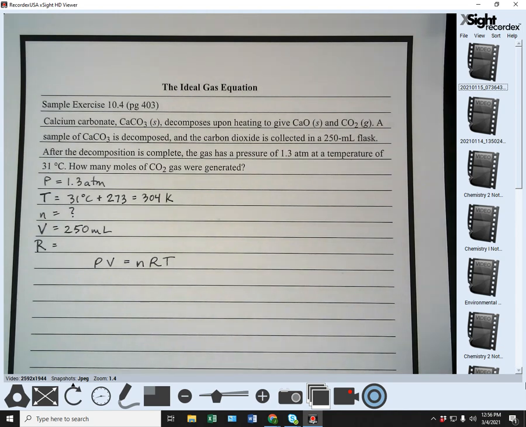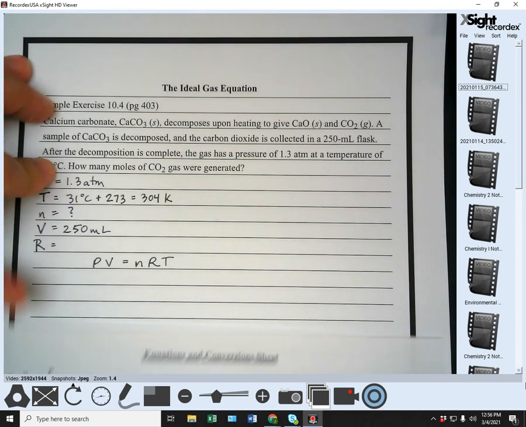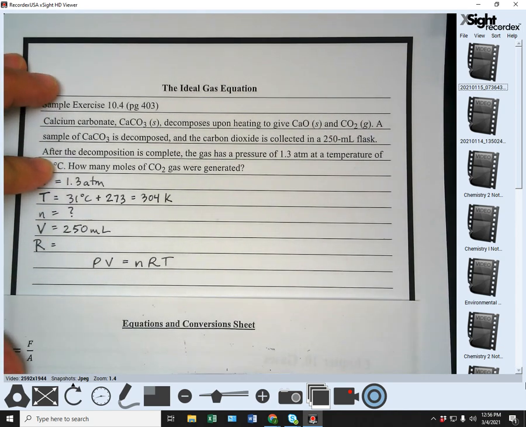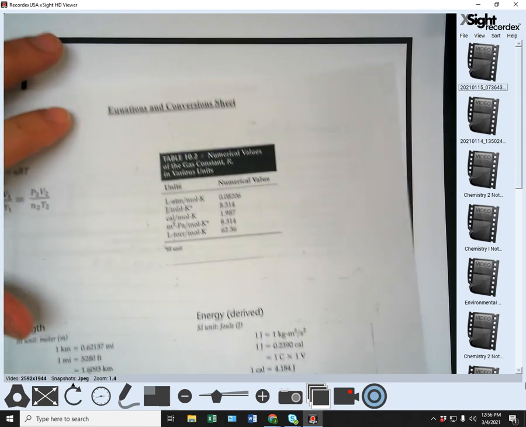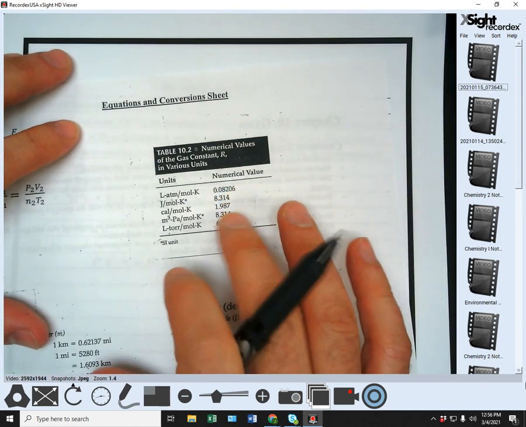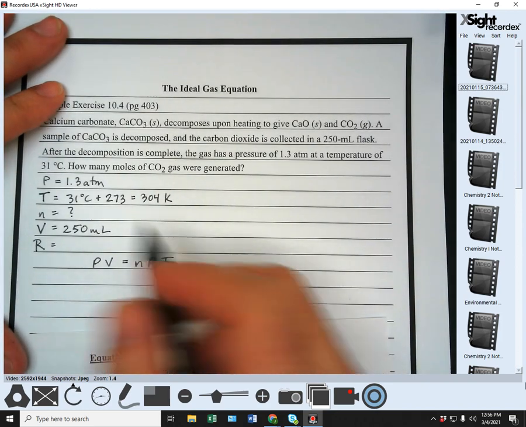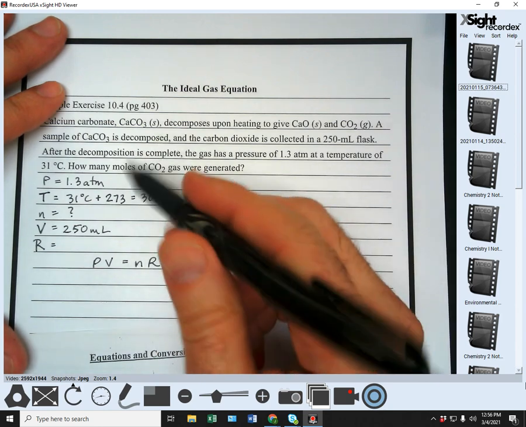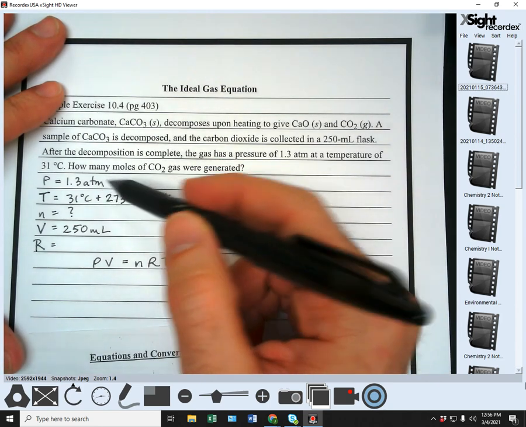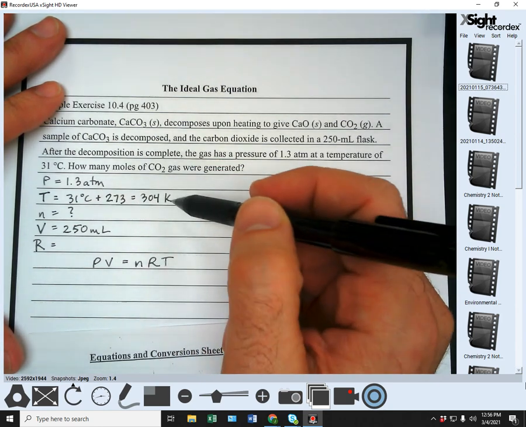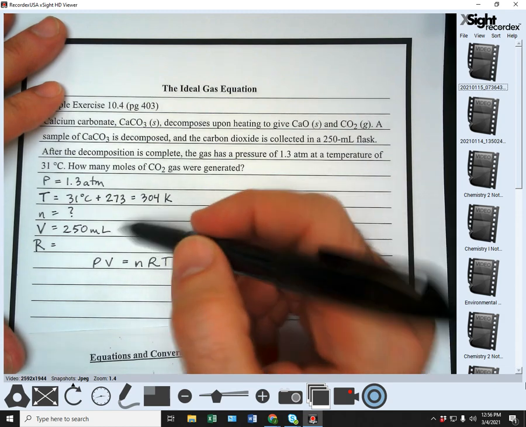What we have to do, the way that we choose the R constant we use, is we look at the labels that we have and choose the one that either doesn't need converting or needs the least amount of converting. So we've got pressure in atmospheres, temperature in Kelvin, and volume in milliliters.